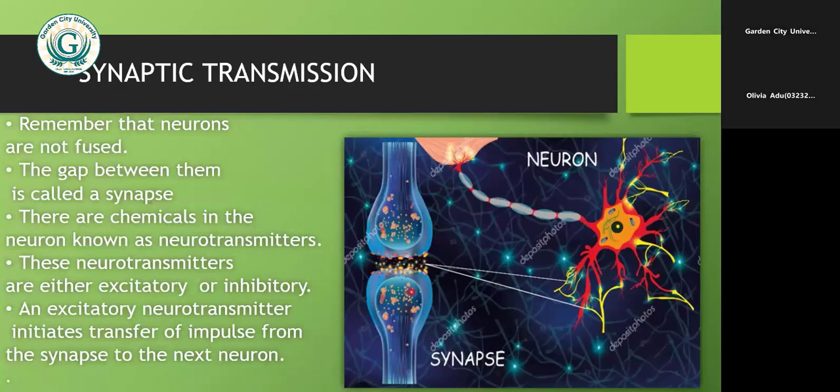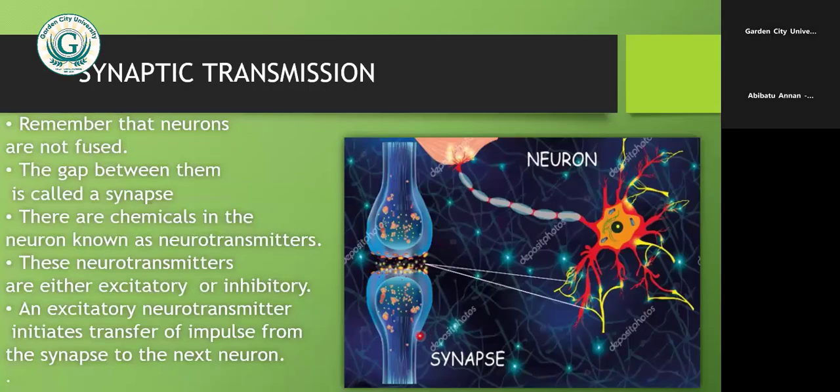Very good. Now, if it is the other one, that's the excitatory one, there will be continuation of the impulse to this postsynaptic neuron, and it will continue in that manner. Does it make sense here? Yes, sir.